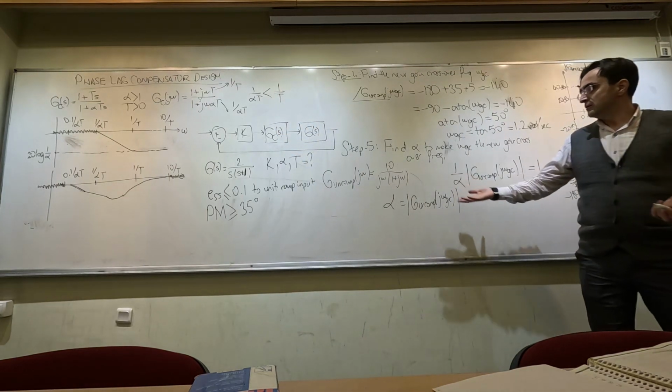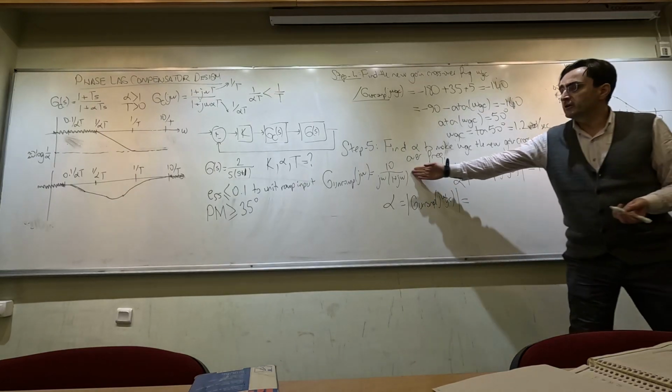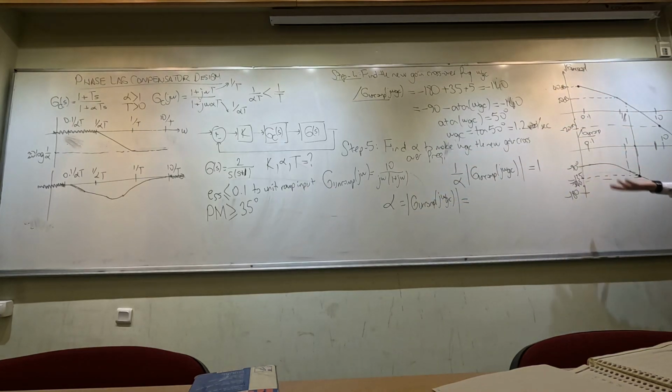So now, how can I calculate this? I already have a transfer function. In graphical design, we will only have this Bode plot in dB scale, so we would read this number in dB scale and then convert it into linear scale. But here I have the transfer function itself, and all I have to do is evaluate the magnitude of that transfer function at this frequency omega GC.